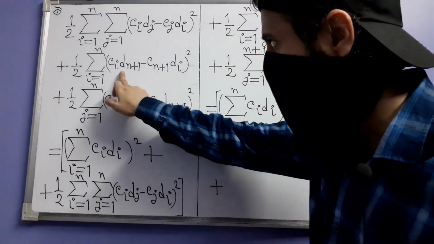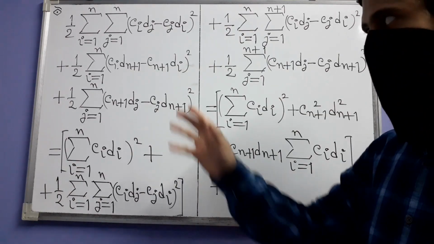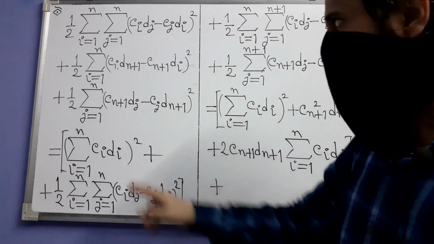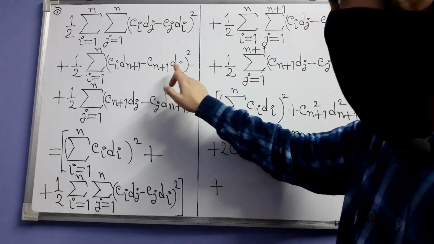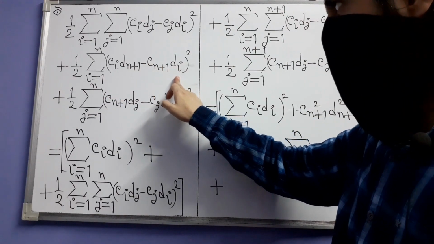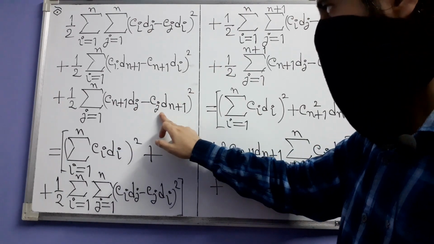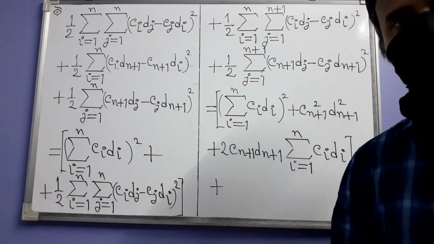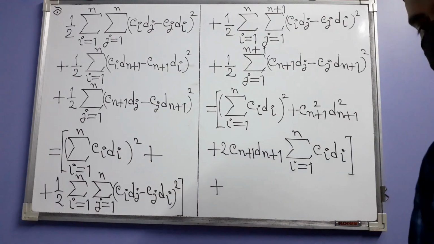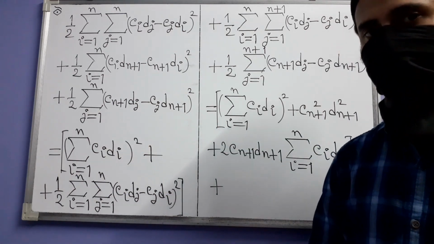What do you see in these two sums? At once they look different because you see Ci dn plus 1 minus Cn plus 1 di. Here however Cn plus 1 dj minus Cj dn plus 1. Now let me make the changes here itself. Is it okay if I write i in place of j?